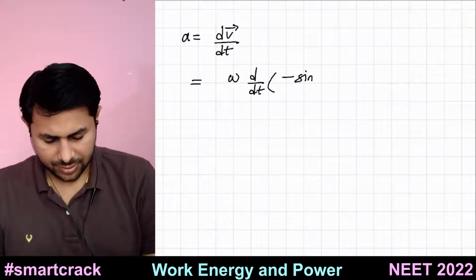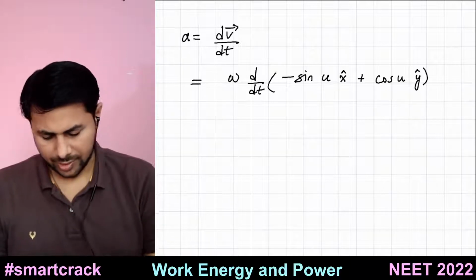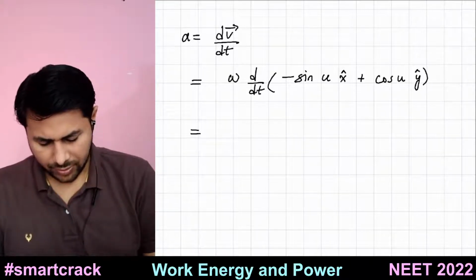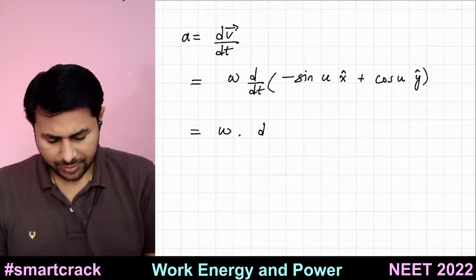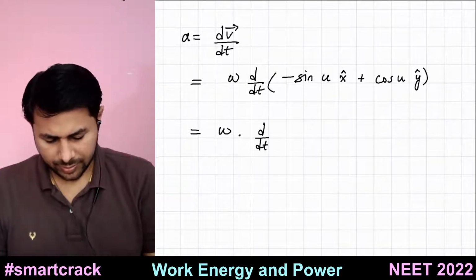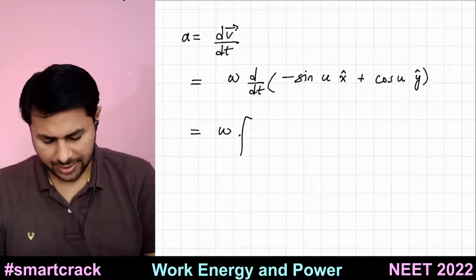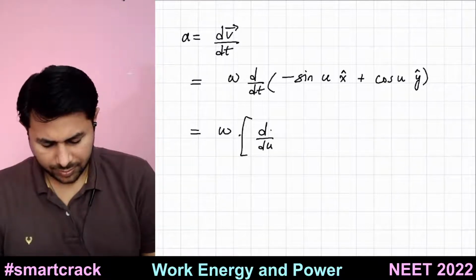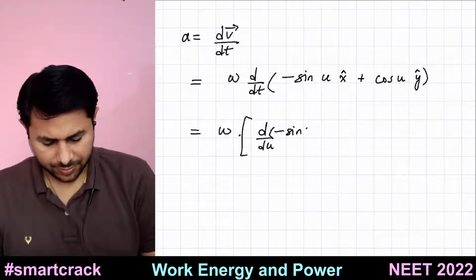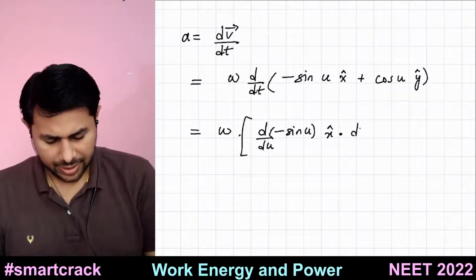Minus sine u into x cap plus cos u into y cap. Take derivative. So what will you get? Omega multiplied by d by dt of minus sine u, right? So I can write it as d by du of minus sine u into x cap multiplied by du by dt.